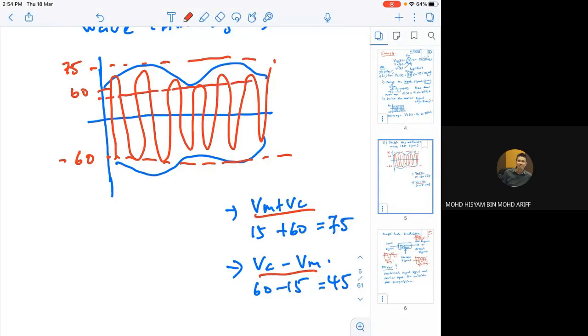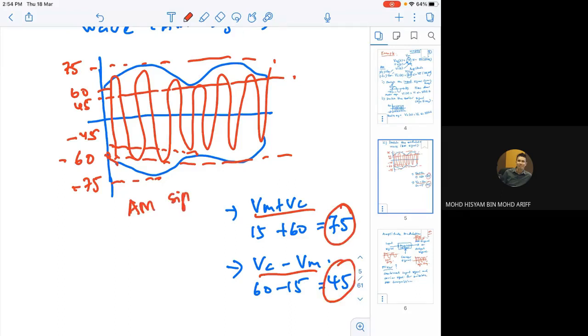The lower part is 45, negative 45. Don't worry, I will give you the nice figure after this. Basically, this is how to draw the AM signal.